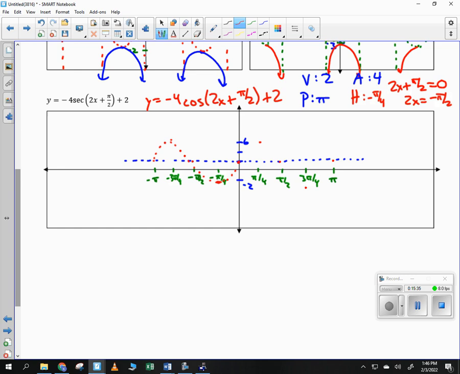What was the question? Now, we don't draw the vertical asymptotes where they cross the x-axis. We draw them where they cross the axis of rotation. So I draw it there, here, here, here, here.